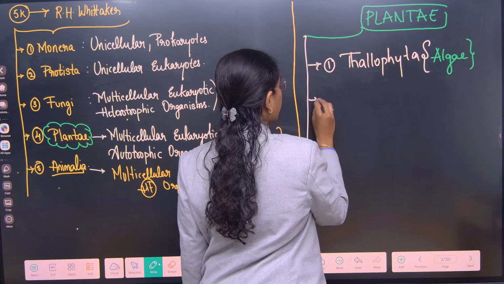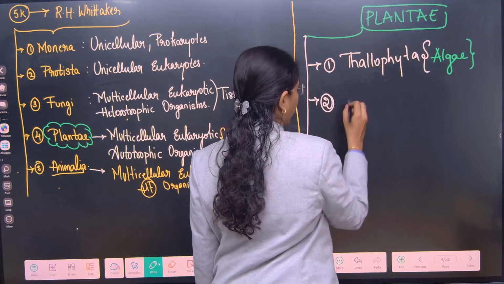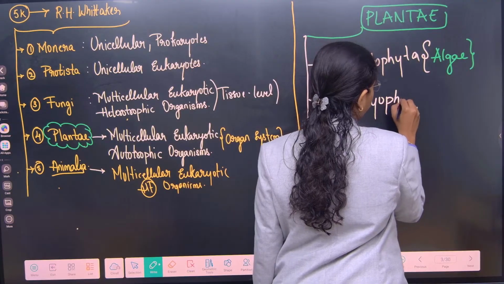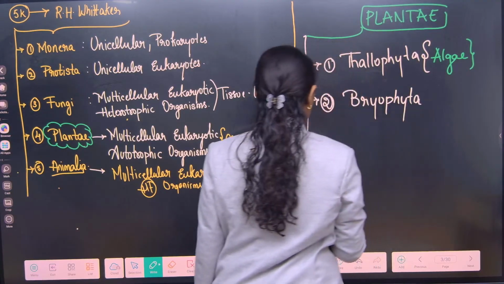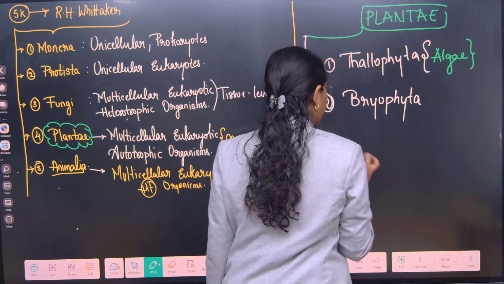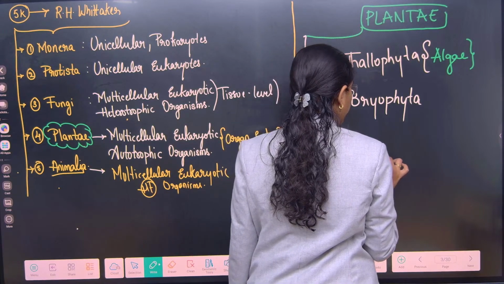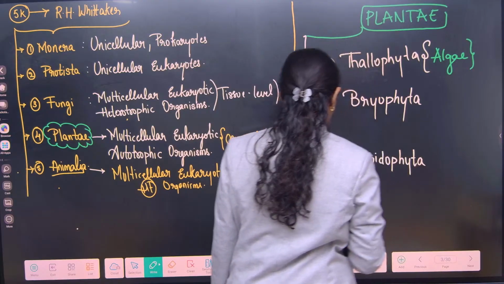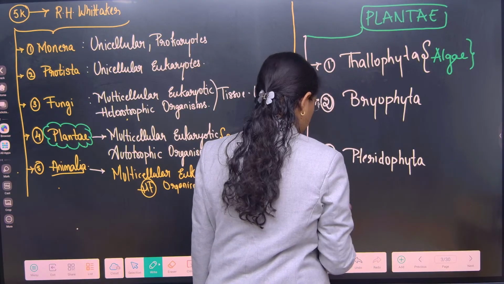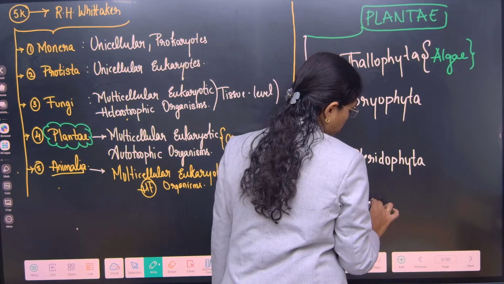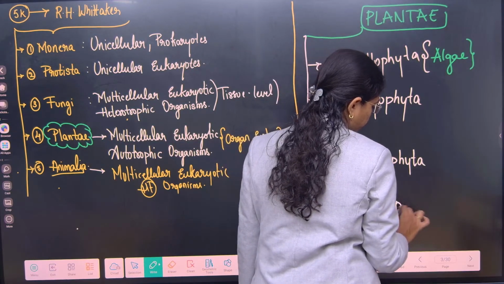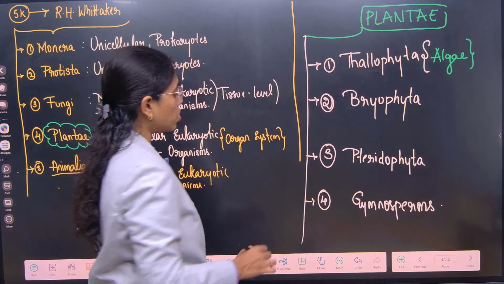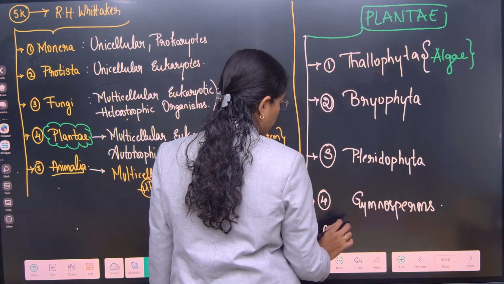Second, Bryophyta. Third, Pteridophyta. Fourth, Gymnosperms. And the advanced division of Kingdom Plantae includes Angiosperms.